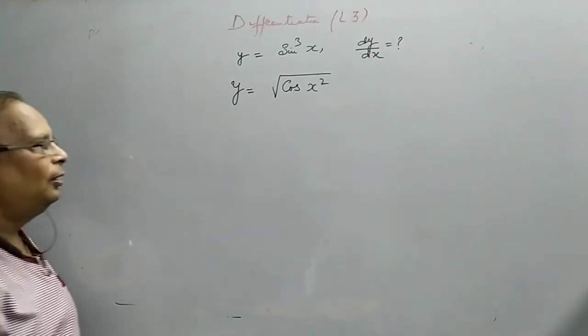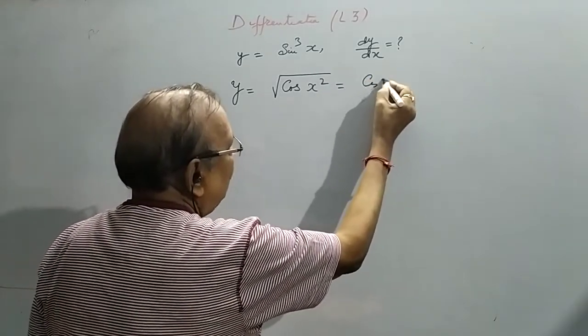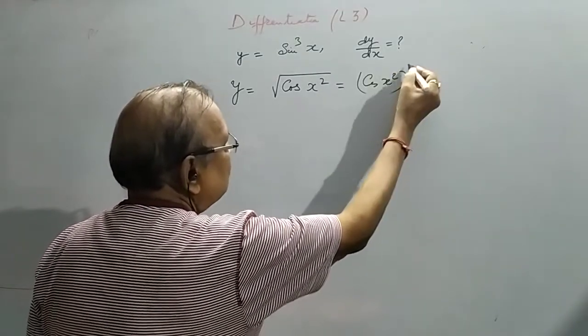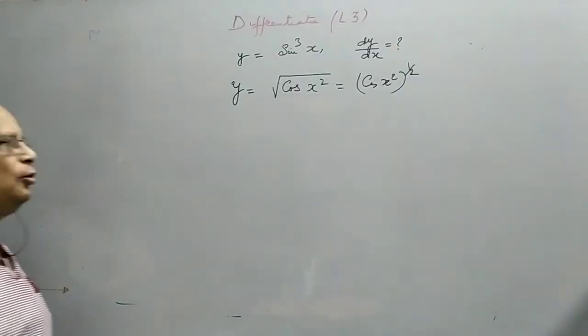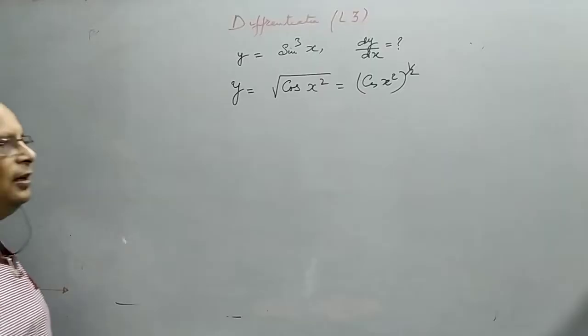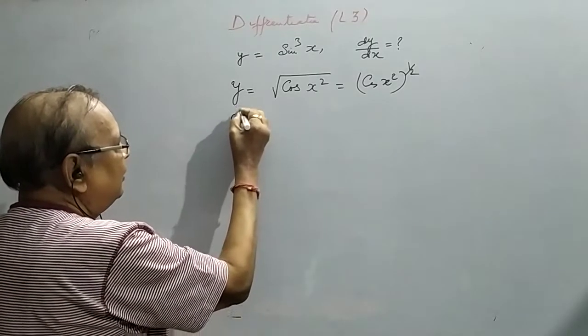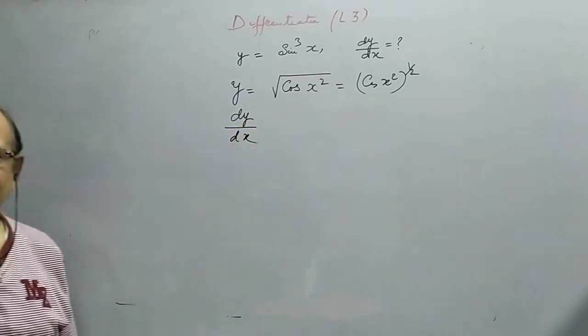Now, first of all, we have to consider cos x square raised to the power half. Orally, we may assume cos x square as t. In that case, we have to write dy by dx directly.